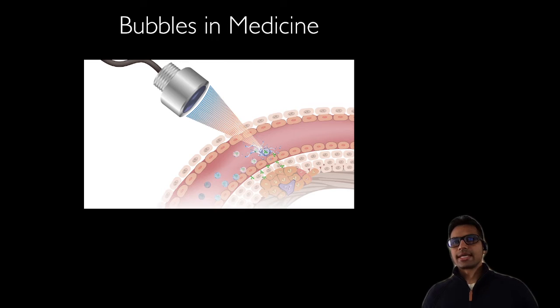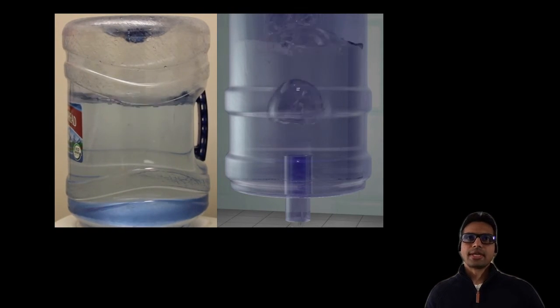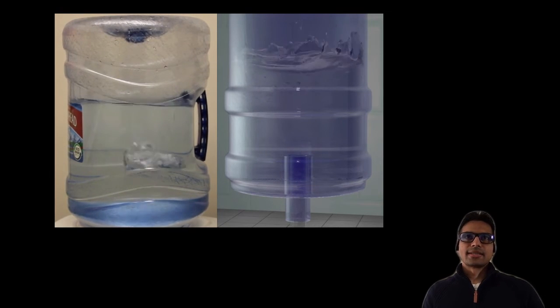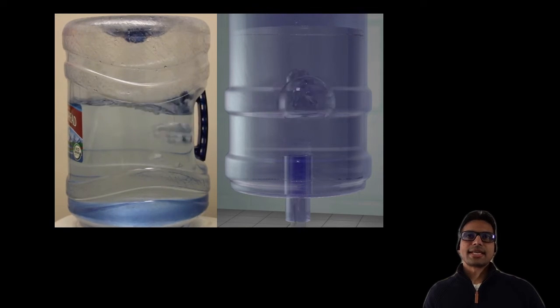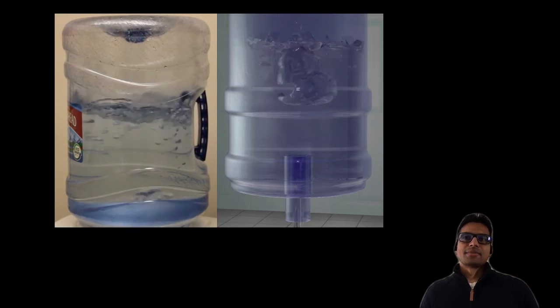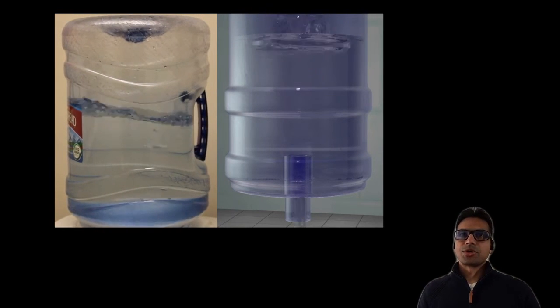But the key thing to note is that this technology is only facilitated by the compressibility of air. Now, we also see the compressibility of air in common physical phenomena that we may not take note of. So, for comparison, there is a water dispenser, and the left one is actually taken from the pantry in Gates Computer Science at Stanford, whereas the right is a simulated example through the method that I'm going to describe.